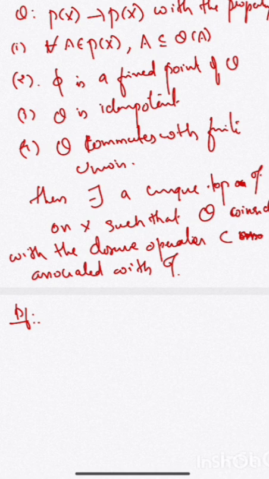For using that theorem, we want a collection of sets with some properties. So I am going to define a collection. Let the collection C equal the collection of all A subset of X such that theta of A equals A itself.